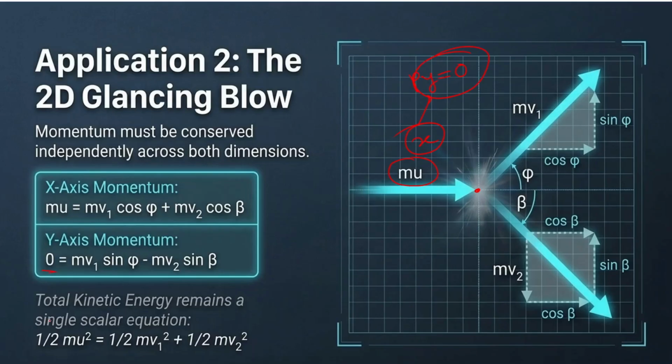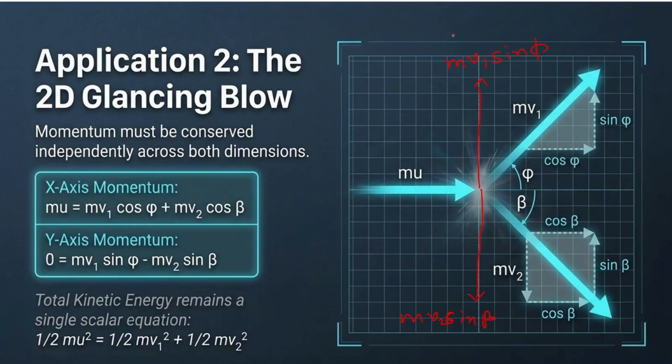Now, after the collision, one particle has mv1 sin phi in the positive y direction, and the other has negative y direction, mv2 sin beta.